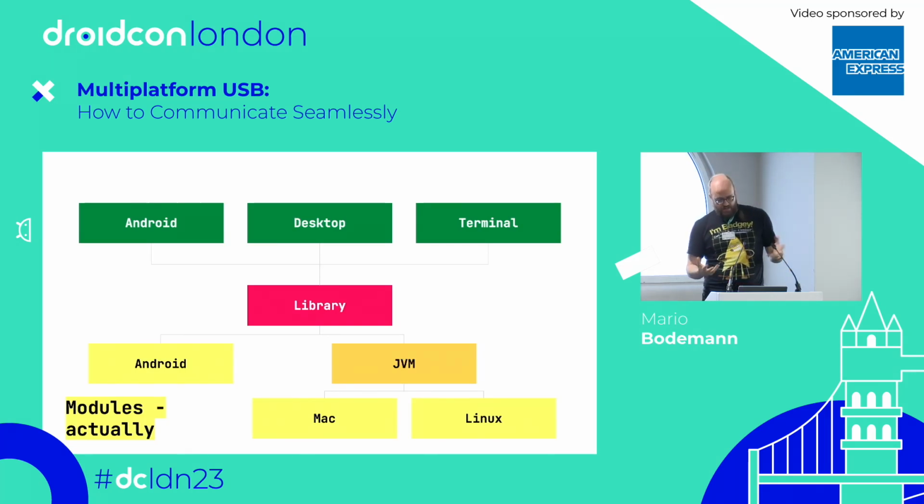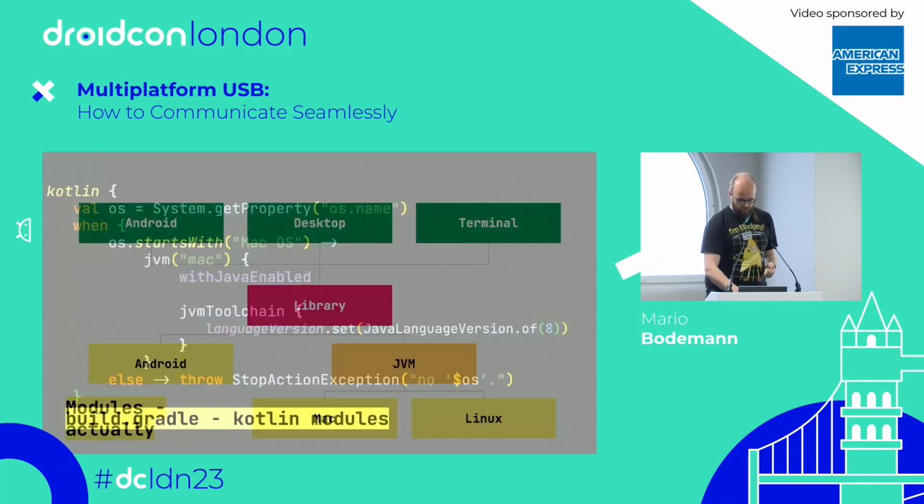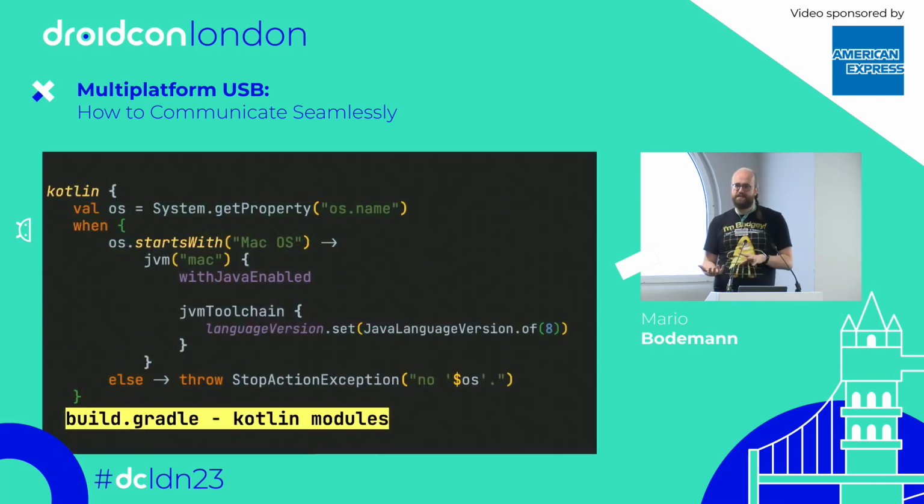Cool. So this is hopefully again nice boxes, but let's add more details on how I would do this dependency between modules. Here I decided to make those modules depend on each other by using source sets. This is the build Gradle file where I say, hey, in the Kotlin part, in the body, find out which operating system you're working on.